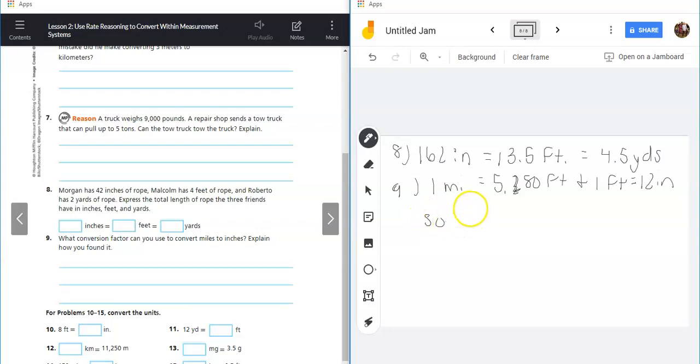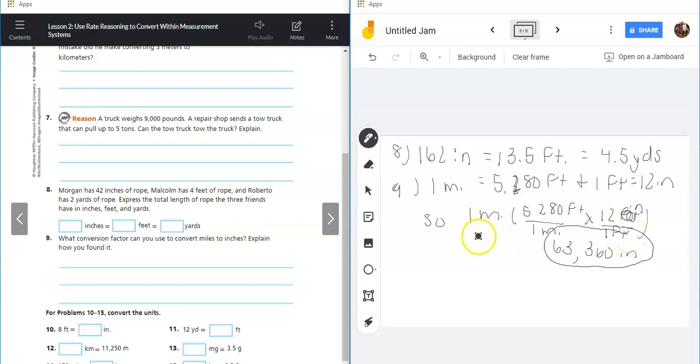So 1 mile is 5,280 feet over 1 mile times 12 inches over 1 foot. Which if I multiply that all together, I'll get 63,360 inches. So that's a lot of inches in a mile.